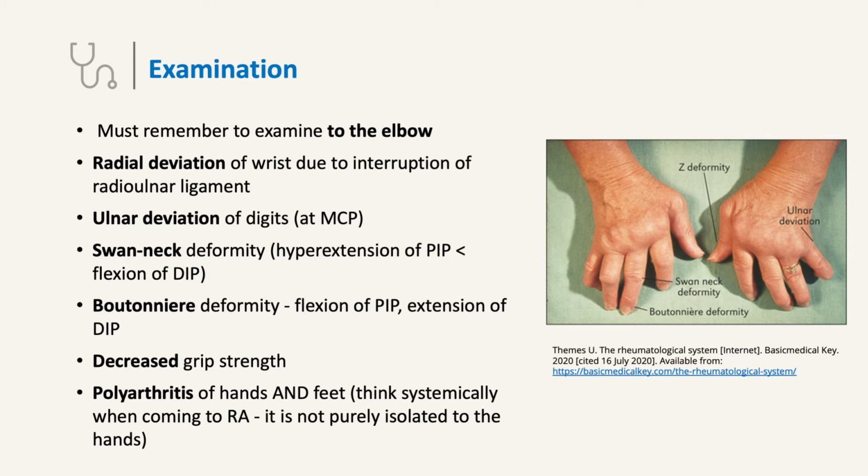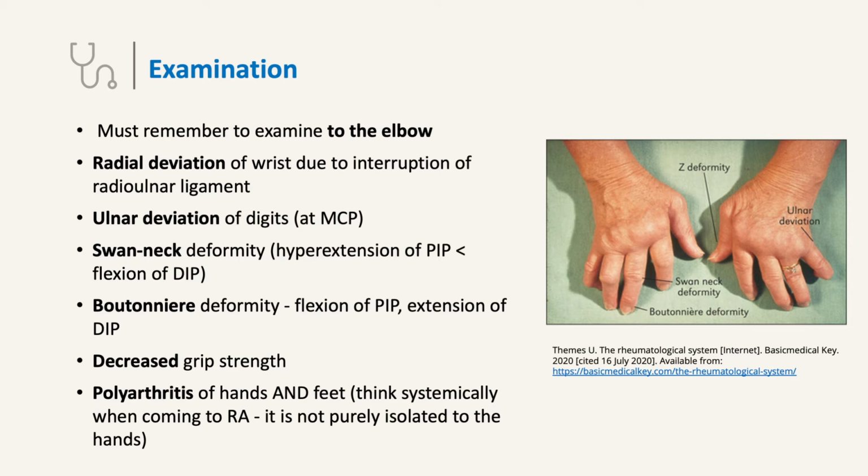This is because extra-articular manifestations of rheumatoid arthritis, such as rheumatoid nodules, are seen in almost 25% of patients that live with rheumatoid arthritis. These can often be seen as quite large protuberances over the olecranon and ulnar border of the forearm.